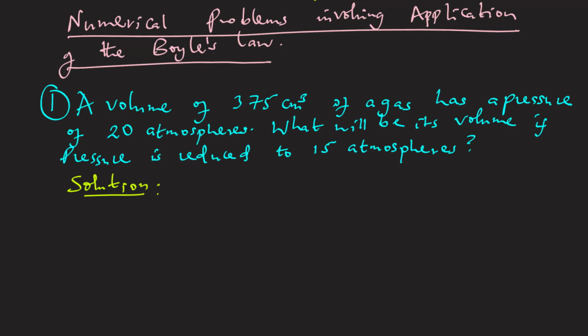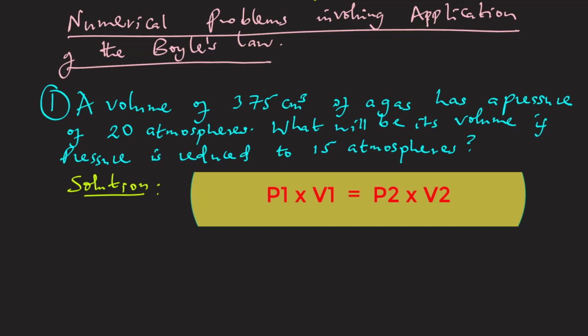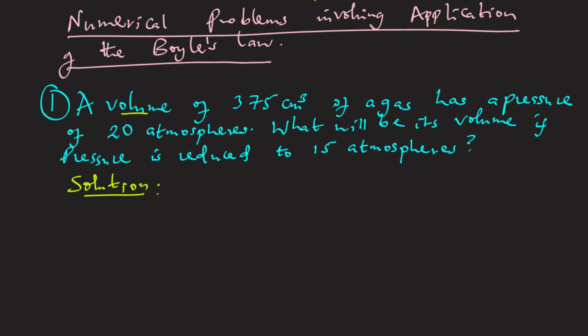So we have said that from Boyle's law, pressure times volume is always a constant. That means P1 times V1 equals P2 times V2. Now, from the above question, let's determine what P1, V1, P2, and V2 are.